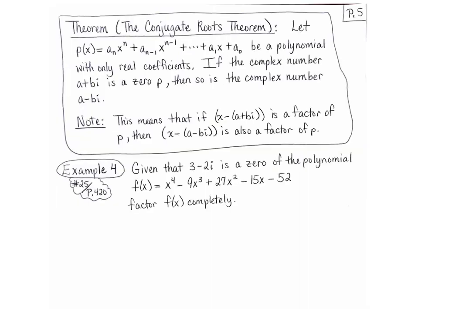Okay, so the conjugate roots theorem says suppose p of x is a polynomial of degree. What's the degree of this polynomial? Oh, come on. For p of x here, what's the degree?